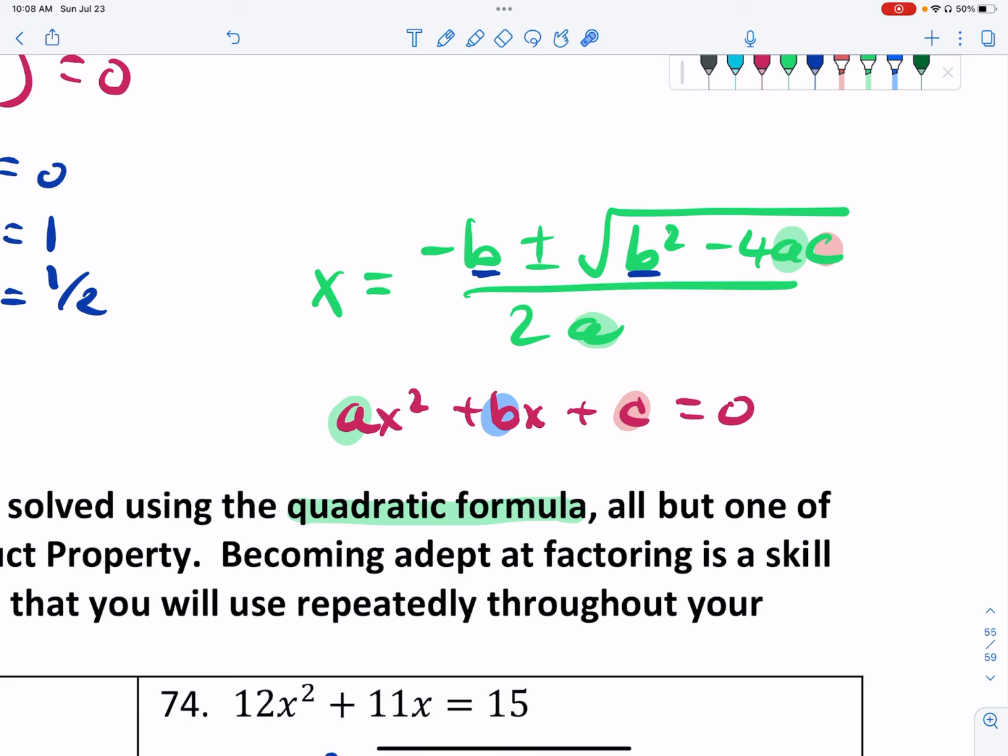Which brings me to the fact that you are supposed to have two answers, and the two answers come from negative b plus the square root divided by 2a, and the other one is negative b minus the square root divided by 2a. We just make it in compact form here, so they don't have to write it as two separate ones because it looks really similar. The numbers are actually called conjugates, if that matters to you. But we just put them together in one compact form.